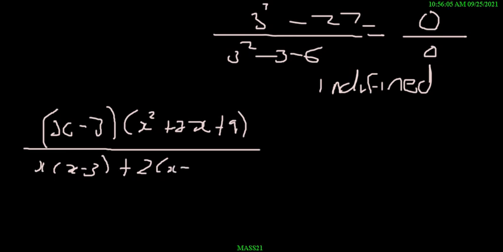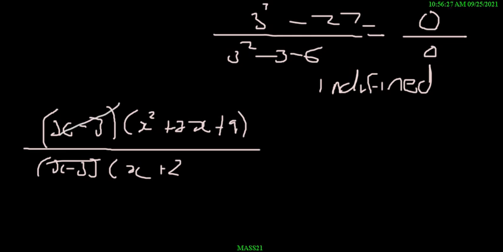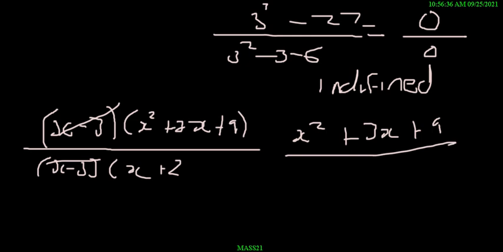You see that x minus 3 cancels out, leaving us with x squared plus 3x plus 9 over x plus 2.